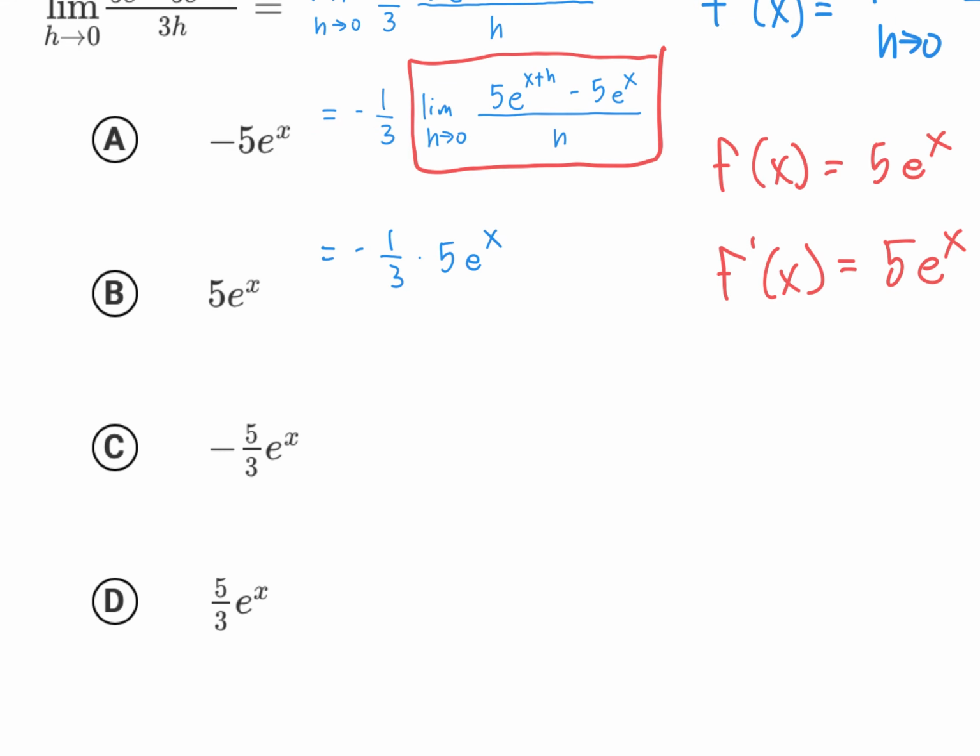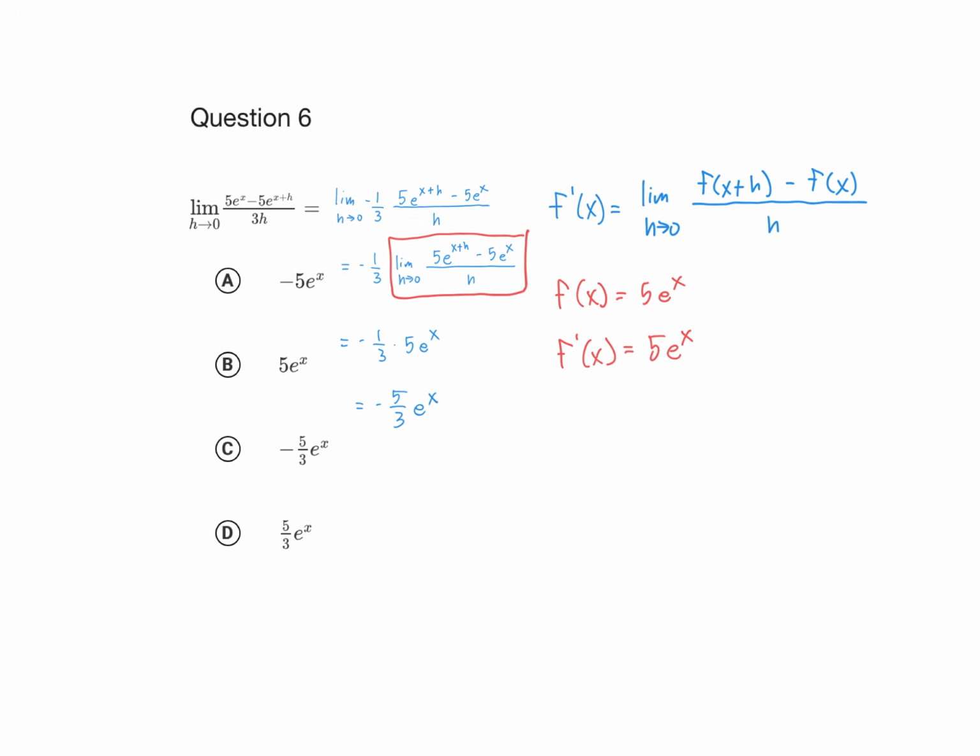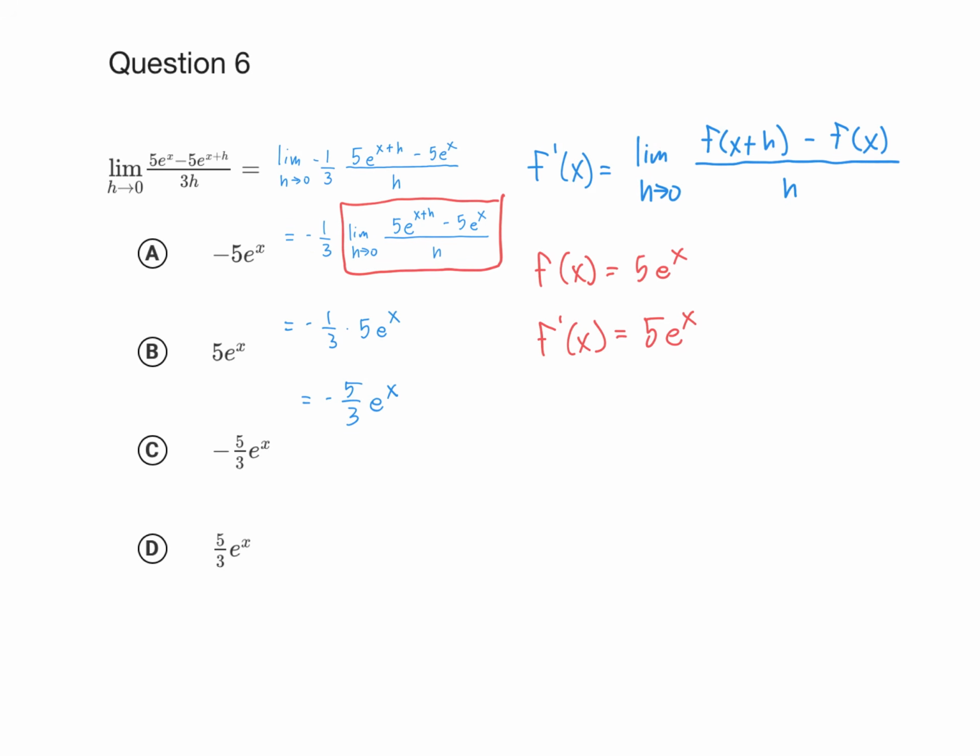And then the negative 1/3 times 5 is negative 5/3, and that's e to the x. Okay. So that is C.